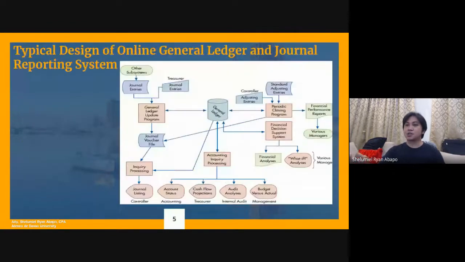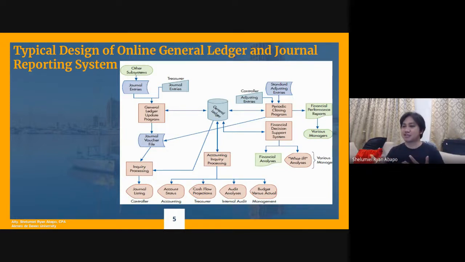Now, let's proceed to the typical design of an online general ledger and journal reporting system. So in an automated system, if you notice, from the subsystems, the treasurer, and even the controller transactions, these are not part of your transaction cycles, but nonetheless, they produce journal entries. If you notice, all of them end up in a general ledger database. Okay?